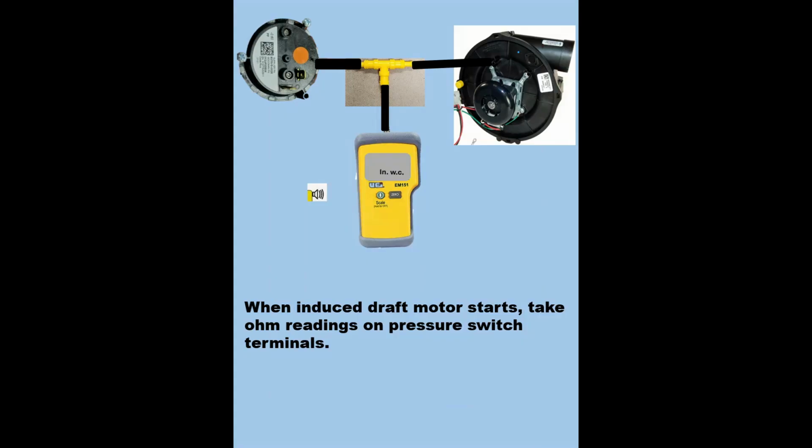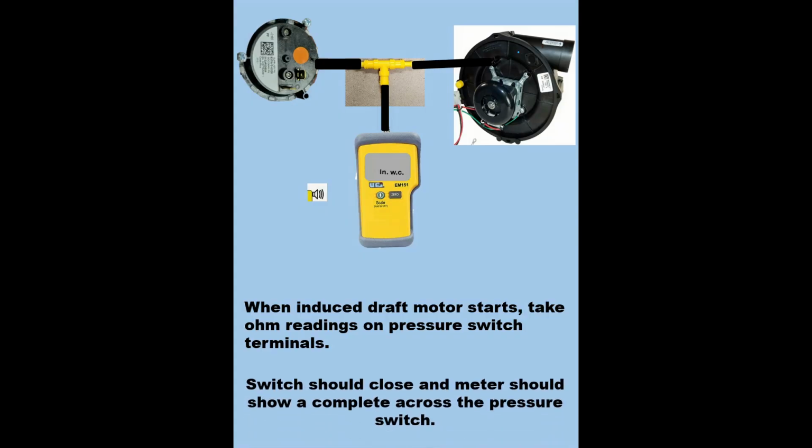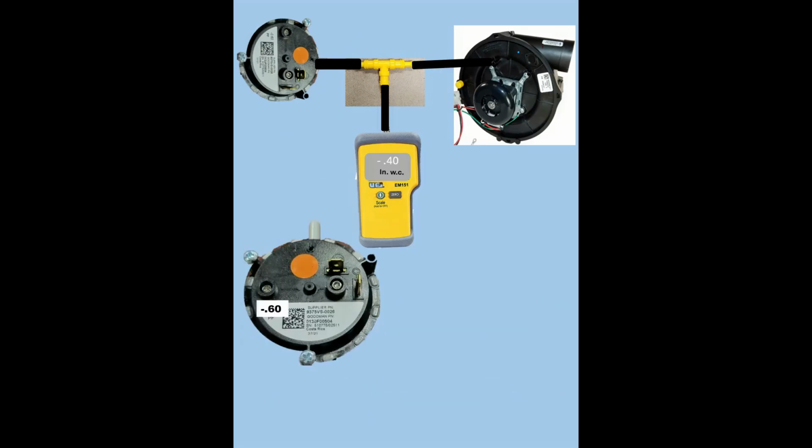When the induced draft motor starts, take ohm readings on pressure switch terminals, just like you would normally if you left everything hooked up and weren't trying to monitor the inches of water column reading. The switch should close and the meter should show continuity across the pressure switch. And this number on the pressure switch is the number the pressure switch will close at.